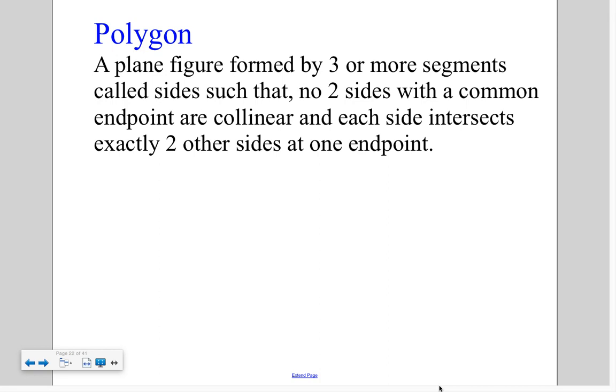But it's basically saying that it ends up being completed, so there's not going to be 2 endpoints that just end in a polygon. They're going to go all the way around. And you're never going to have a vertex that has more than 2 sides meeting at that point.